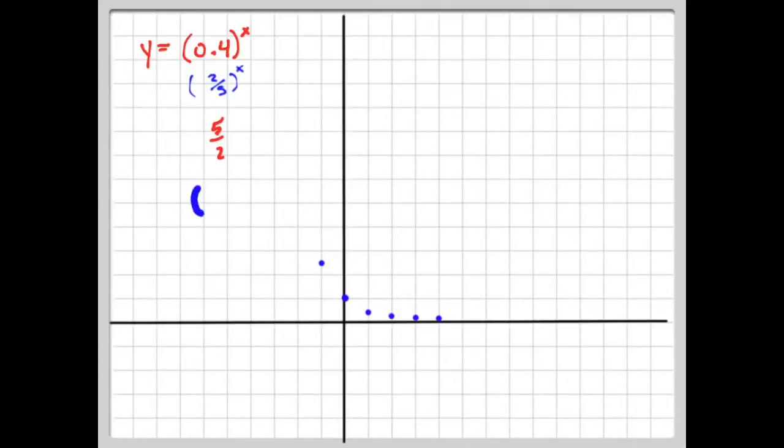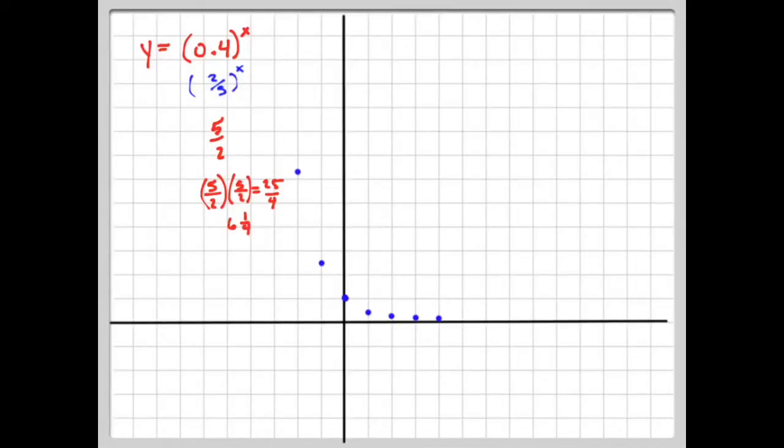So when I plug in that 2, I'm multiplying by 5/2 twice, which is 25/4, or 6¼. So that gives me an idea of where my next point should be. Right about here.